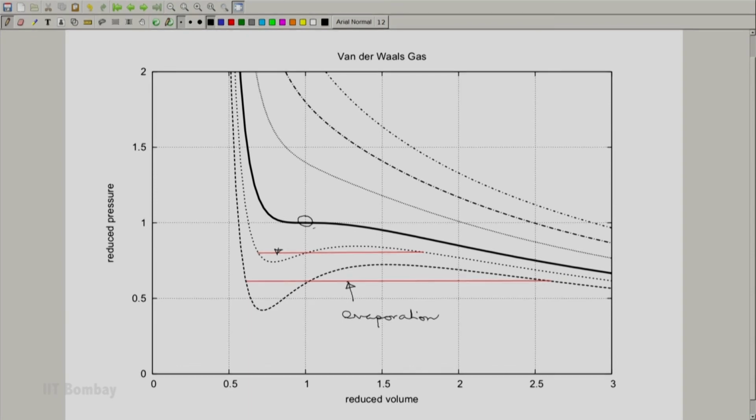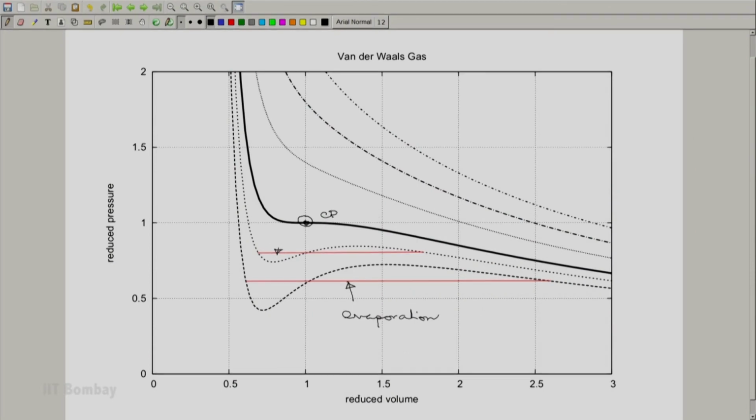Now, let us come to the terms reduced pressure, reduced volume and reduced temperature. This point, which is known as the critical point, let me say it is Cp, it will have a specific temperature, specific pressure and specific volume associated with it for a given fluid.